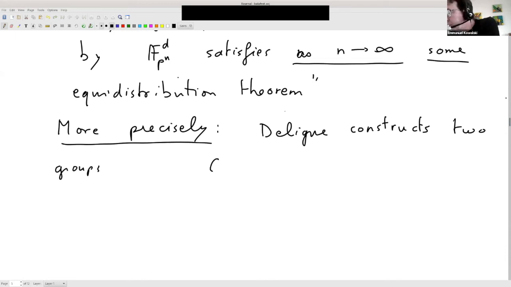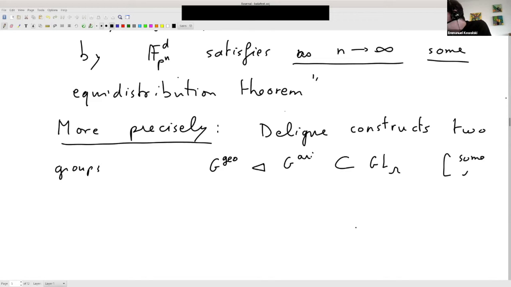So one is a normal subgroup of the other, and I call them G_geom and G_arith. That's not very important, what they are called. They are naturally given as subgroups of matrices of some size, some non-negative integer, which tells you essentially the maximal size of the exponential sums.